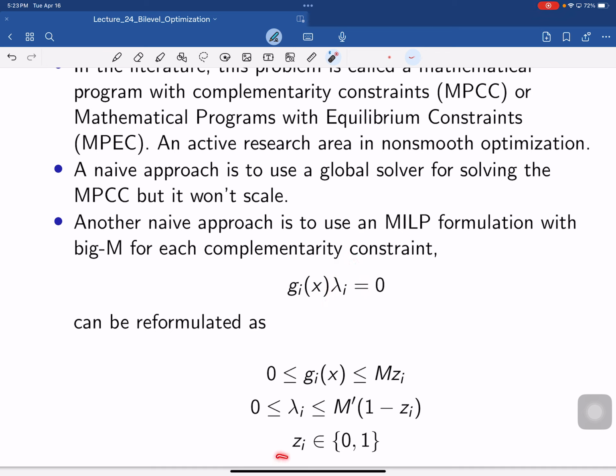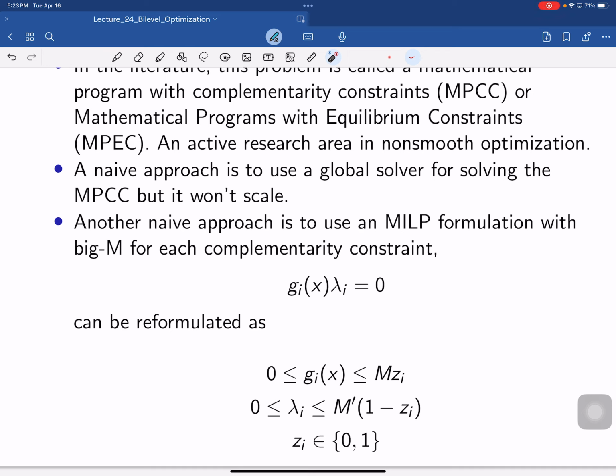So we have a z variable to denote which one is 0. If z_i is 0 here, it will force g_i of x to 0. And if z_i is 1 here, it will force lambda_i to 0, right? So this big M type of constraint will give you the complementarity conditions.